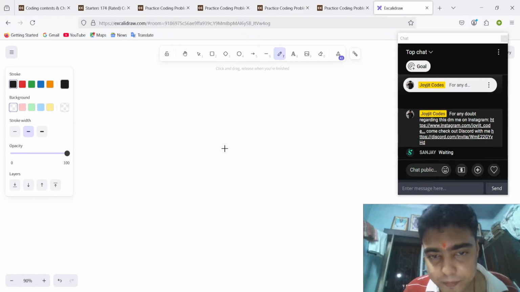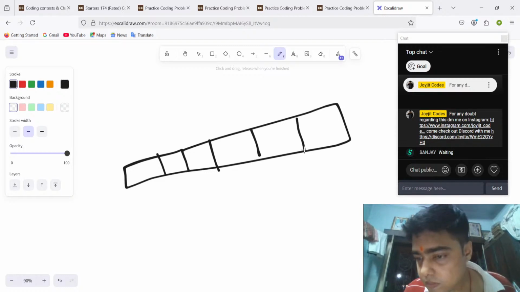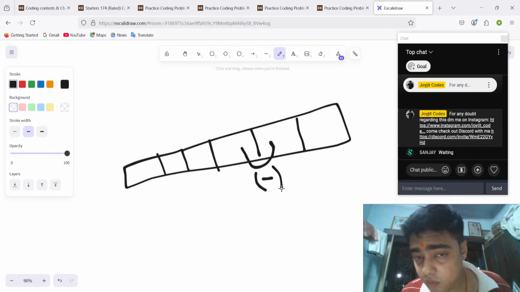So let's say I have an array. What I can do is choose any two consecutive elements and find their difference. Now it is up to me which one I want to keep.